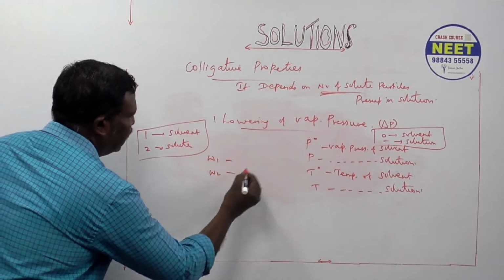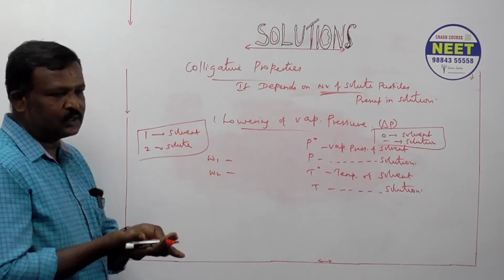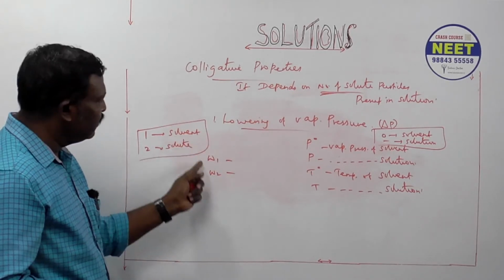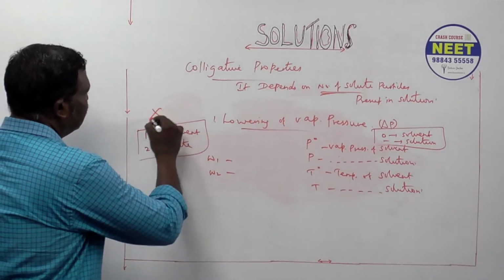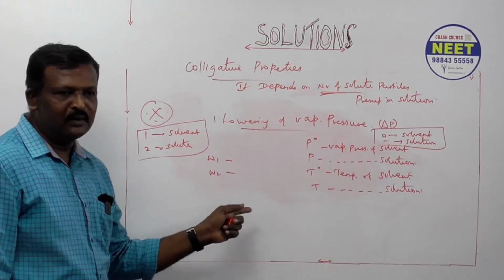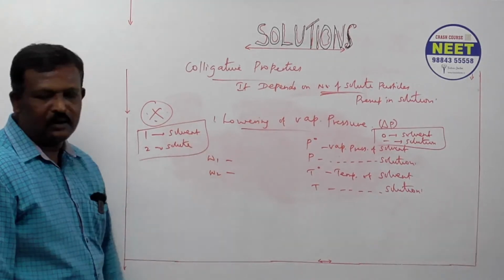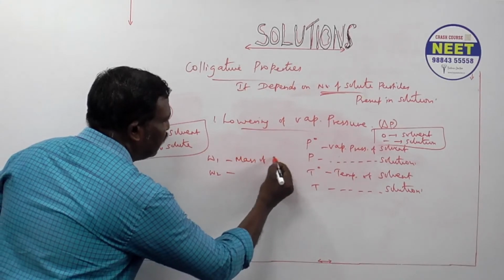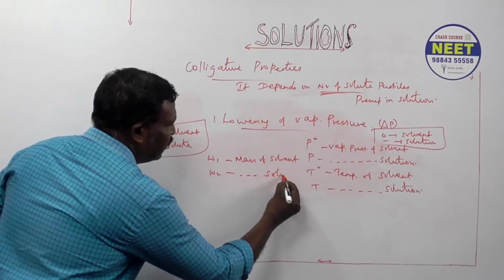Say for example, keep in mind W1, W2. What is the meaning? W is mass. Mass of what? Solvent, and mass of solute. Just remember. In the formula we have 1, 2. 1 means solvent, 2 means solute.